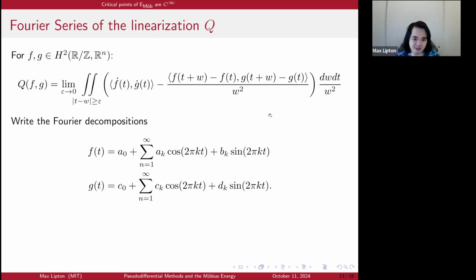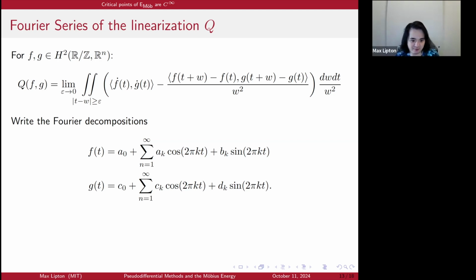Given f and g, we can write the Fourier decompositions because it's going from the circle to Rn. So the Fourier decomposition has this form in the canonical basis for the Hilbert space little L2, which is generated by cosines and sines of integer frequency. The information that completely describes f and g are just going to be the coefficients a's, b's, c's, and d's.